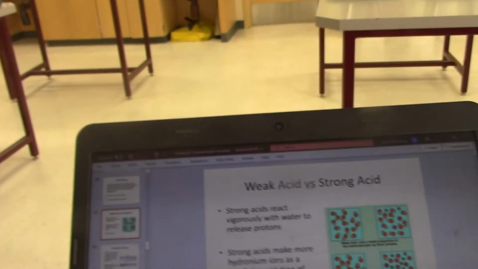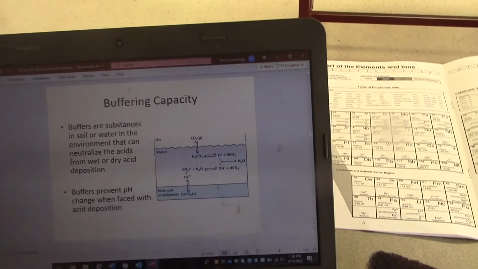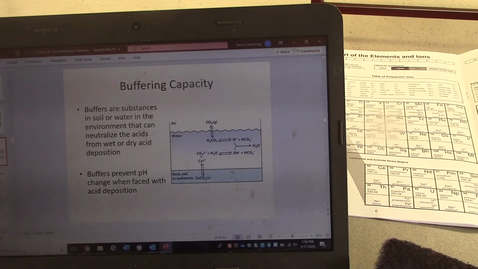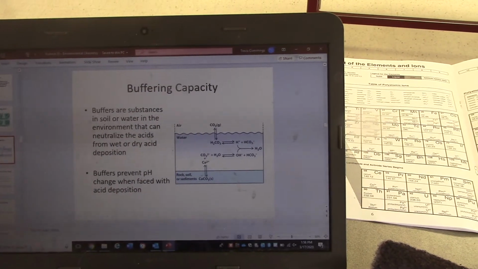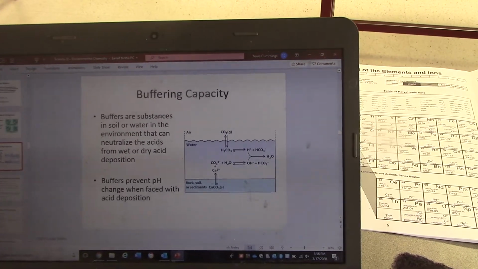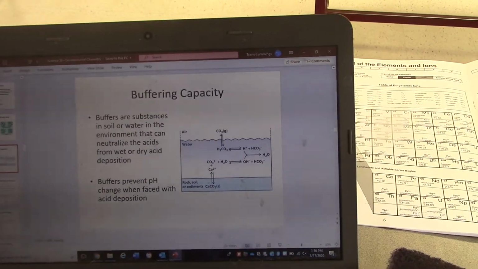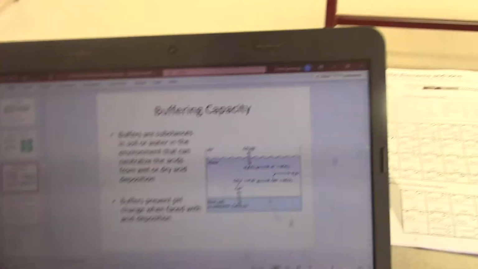So acid-base stuff. All right, so we talked about buffering capacity. Buffers are substances in soil or water in the environment that can neutralize the acids from wet or dry acid deposition, and as a result, they prevent pH change when faced with acid deposition. Okay, so that's a big thing that we need to understand.